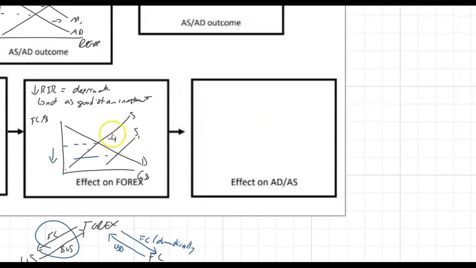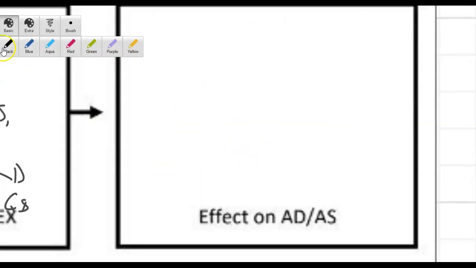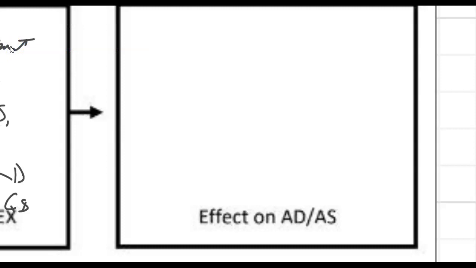So finally, how does a depreciated currency have an impact on the ASAD? Well, we are almost done. If you're still with me, congrats. C plus I plus G plus exports minus imports.